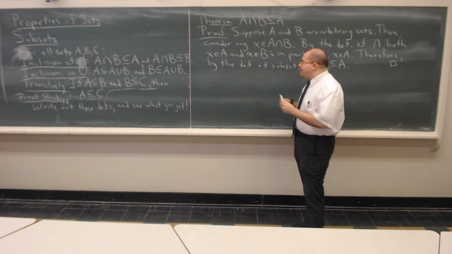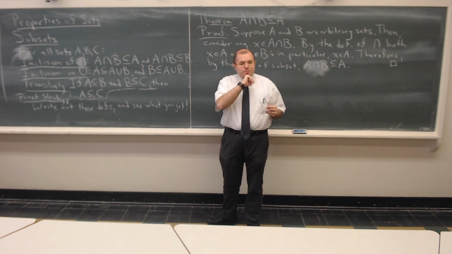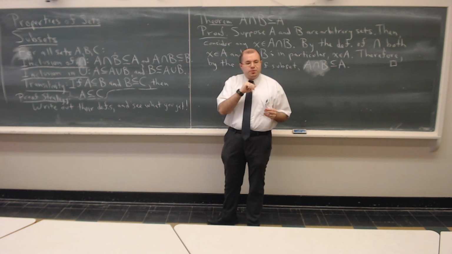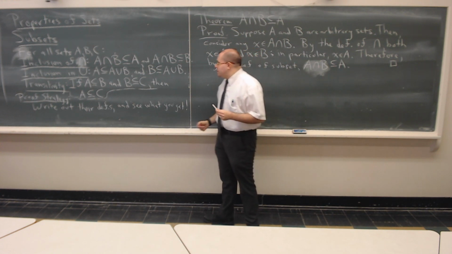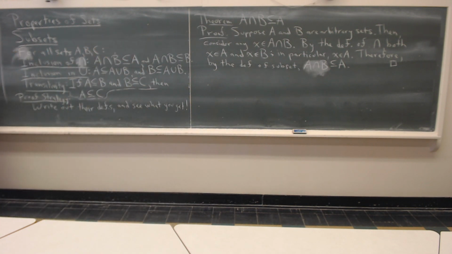So why does this matter? Well, remember that these are nice building blocks that we can use to prove tougher statements for the element method. The common proof strategy that we're going to use, and we're going to see this quite often, is that we're going to write out their definitions.